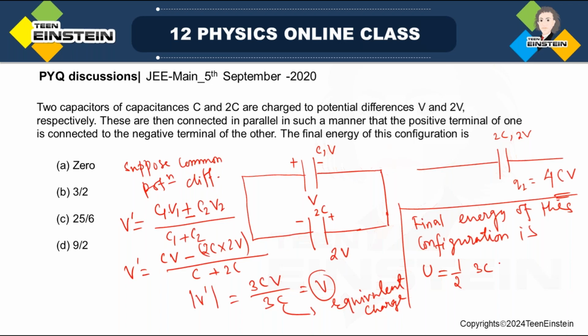C is 3C and V square is V square, so half 3C. This is actually 3 by 2 C V square. I think this is the answer.